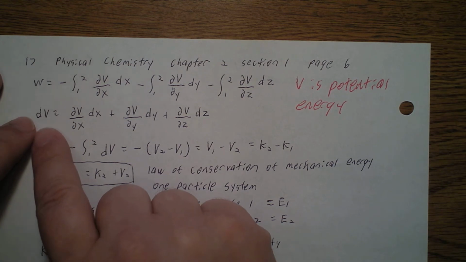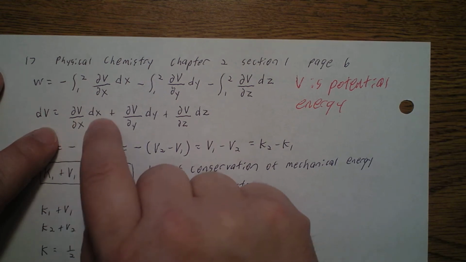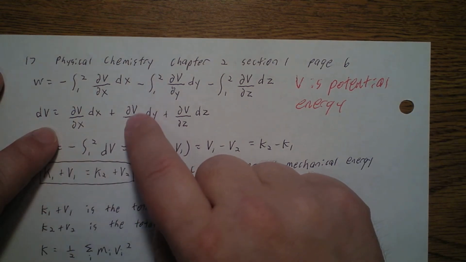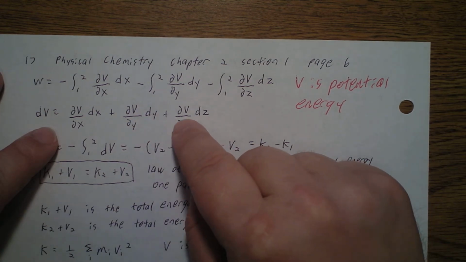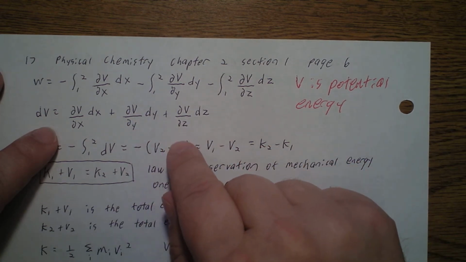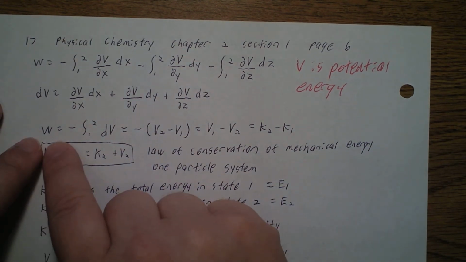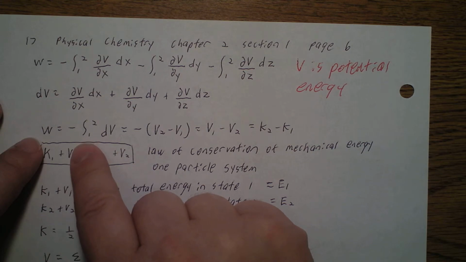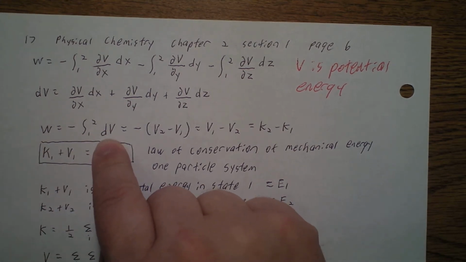Now remember, the exact differential of potential energy will be the derivative of the potential energy with respect to x dx plus the derivative of potential energy with respect to y dy plus the derivative of potential energy with respect to z dz. So substituting those in, we get work is equal to minus the integral from state 1 to state 2 of the differential of potential energy.